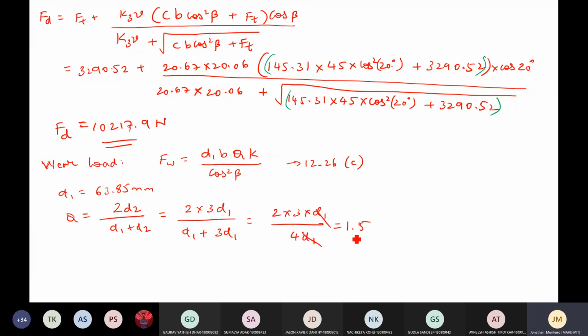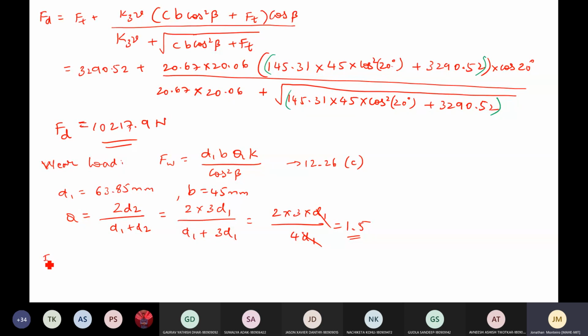This is also fine, or you can directly put the values if you know them. So Q is done, D1 is done, B is 45, we have set it. Cos beta is simply that, 20 degrees. Now what about the K value?